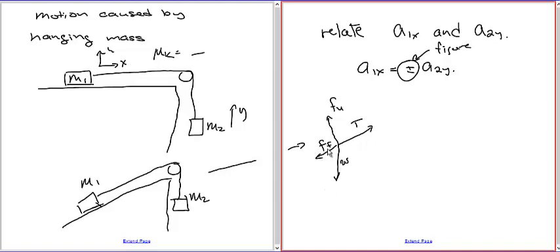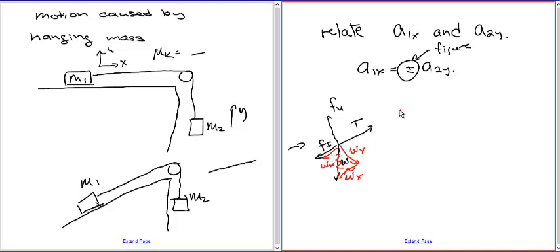If there were no friction, then you'd leave that out. And just like before, you're going to take this weight and break it up into two components, W sub y and W sub x. I could also put the W sub x over here as well. I've just moved it. I haven't changed the value or the direction, so it's the same thing.